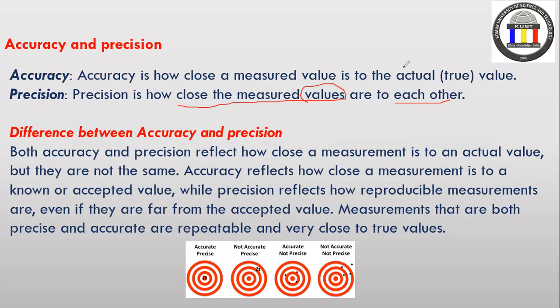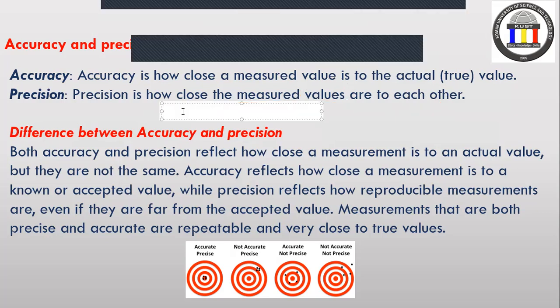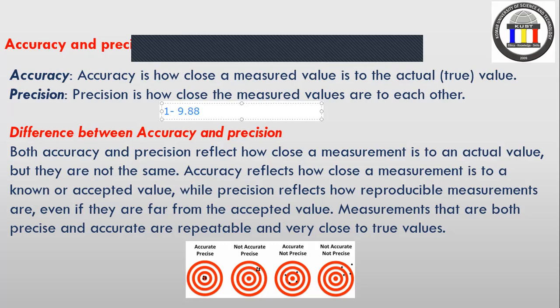For example, return back to, let's say, the gravitational force. You are doing the experiment, and in the first trial of measuring, you find G is equal to 9.88 meters per second squared.